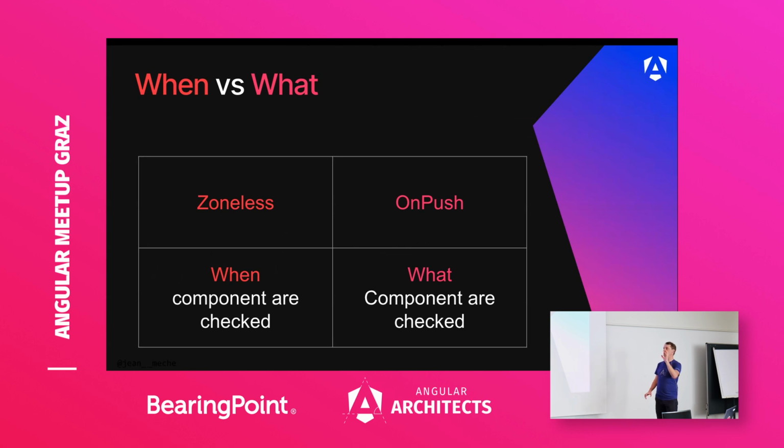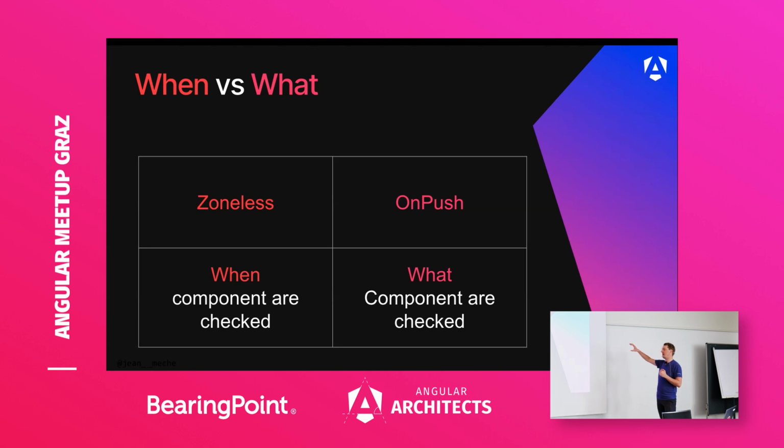Zoneless and OnPush are a question of when and what. When we create a zoneless application, zoneless is about when your application should schedule change detection. On which event, how does the framework know when the components are being checked?